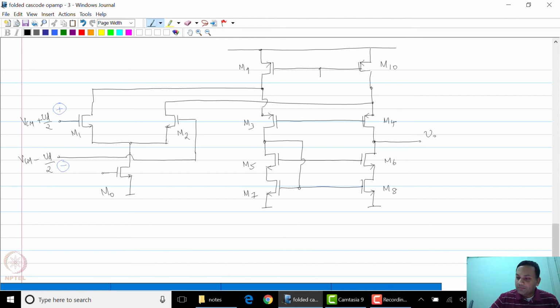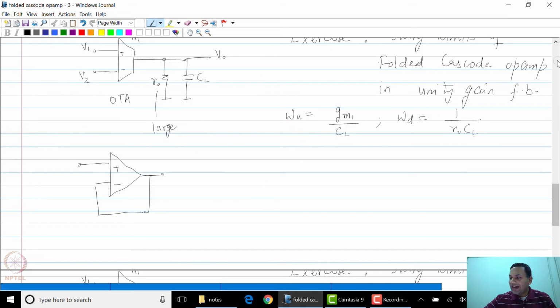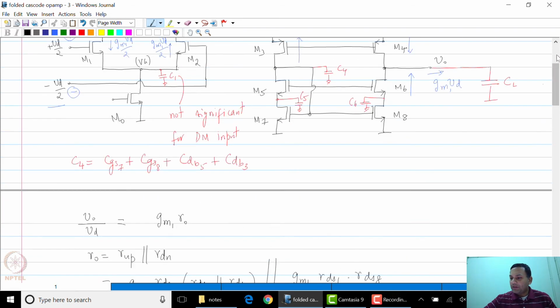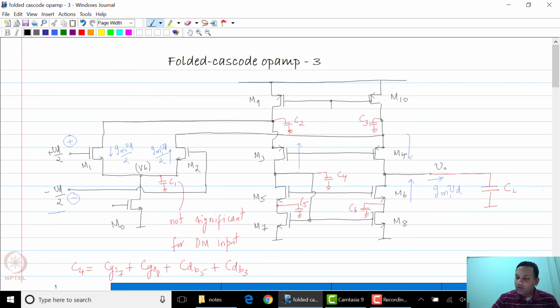I should apologize. I should add the bias voltages at these nodes because they are not left hanging. You have to have a bias voltage. I'll call them VB9 and VB5 and VB0.